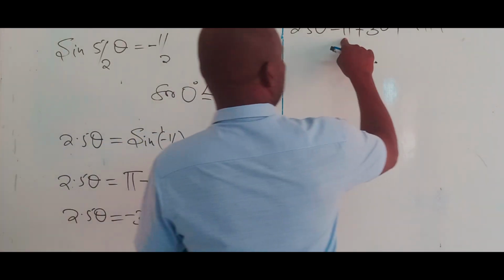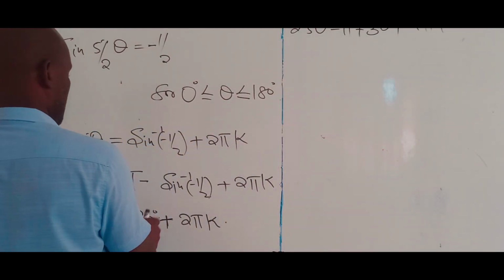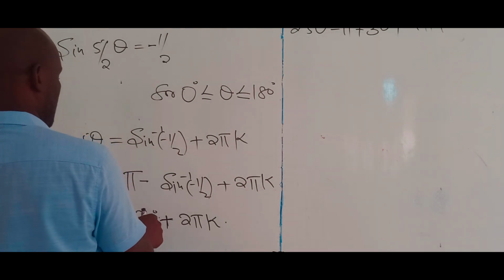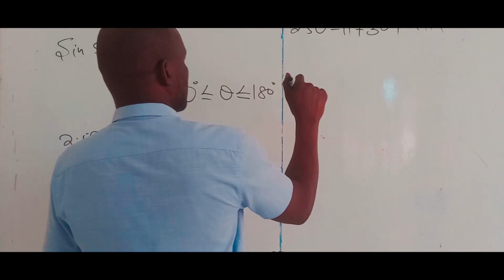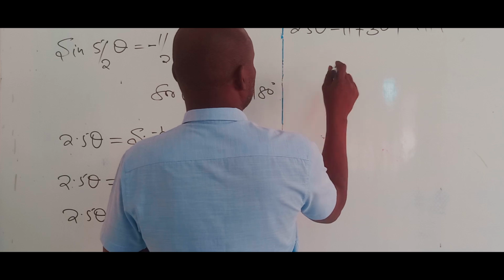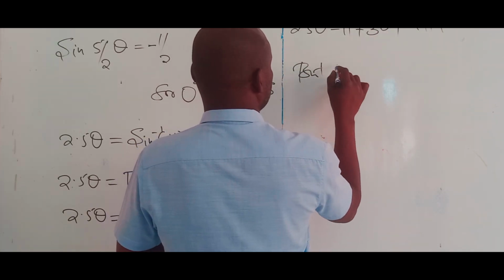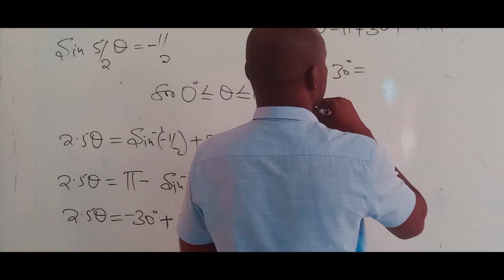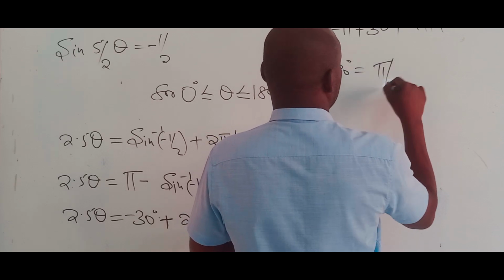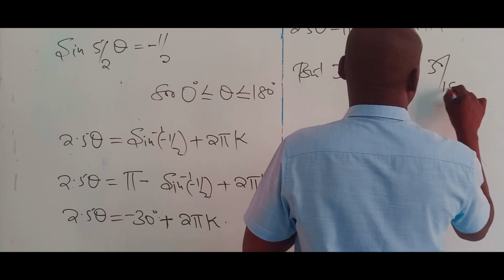But look, we have theta in pi form and we have degrees. If I could express this in pi form, then I can simplify that. 30 degrees is similar to saying pi over 6, because it is 30 over 180.